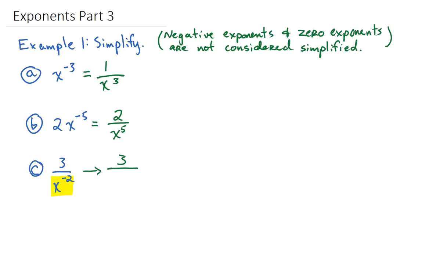So we're just going to carry the 3 over in the numerator and do something about this negative in the denominator. Well, if the denominator is its own world, what I would do is take that x to the negative 2 and make it 1 over x squared. It's a little disconcerting that it's in the denominator, but just inside of that yellow universe, we've done what we did up here in A.